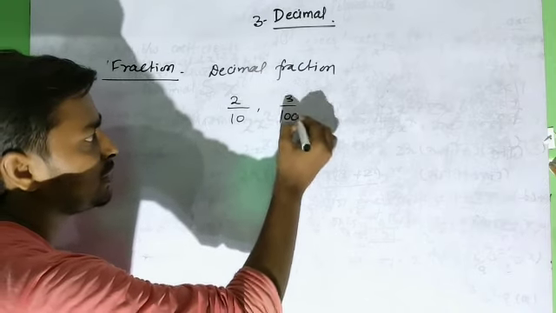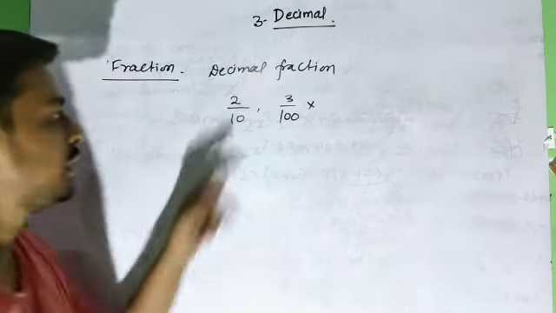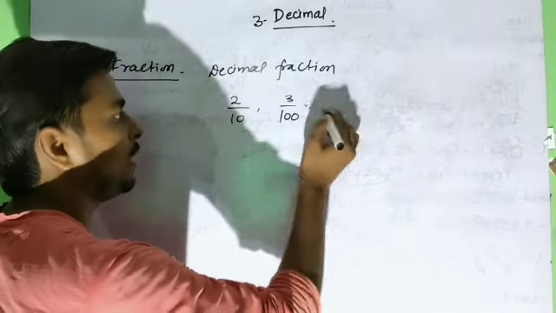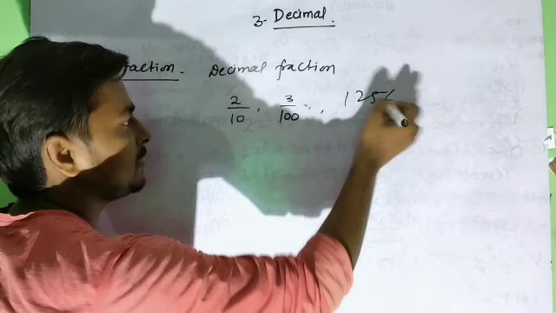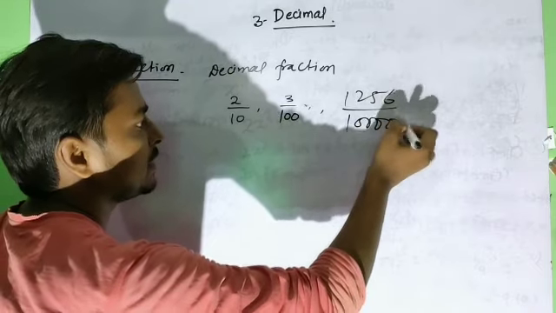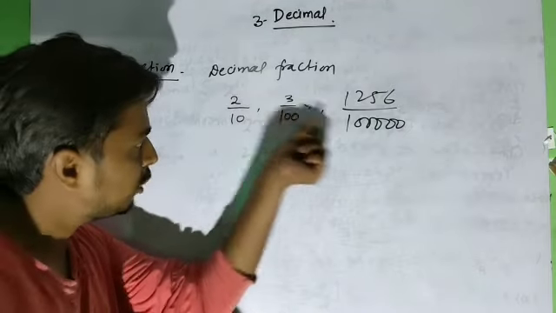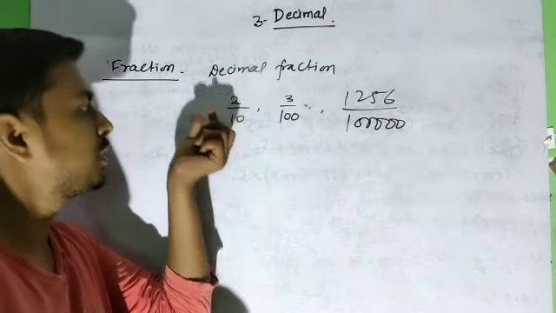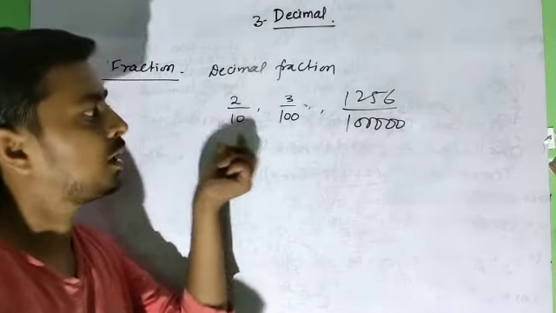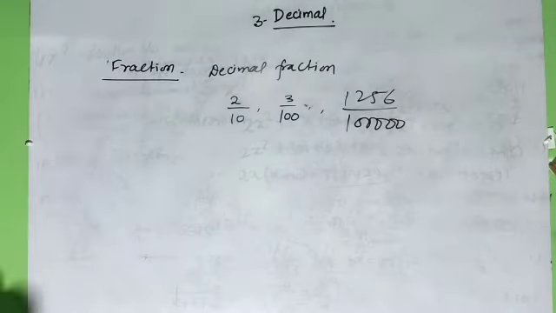Power of 10 means just 10, 100, and so on. Any fraction whose denominator is either 10 or a power of 10 is known as a decimal fraction.